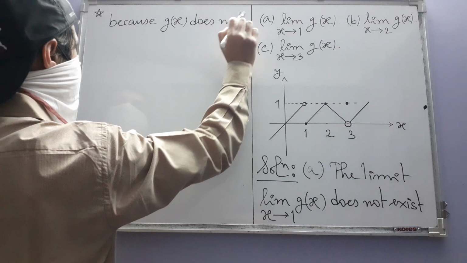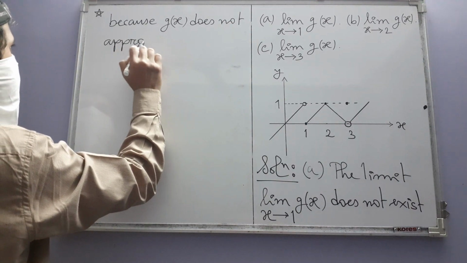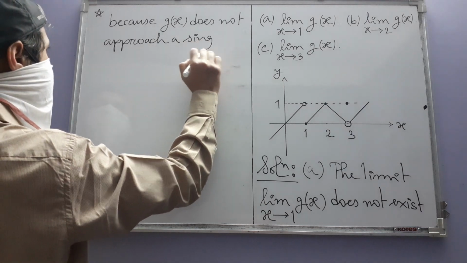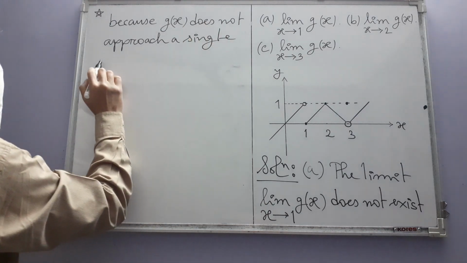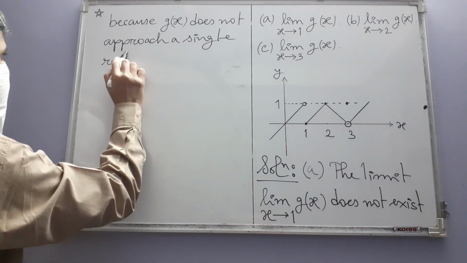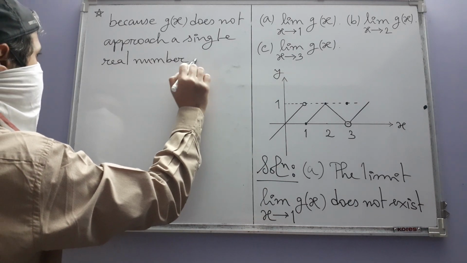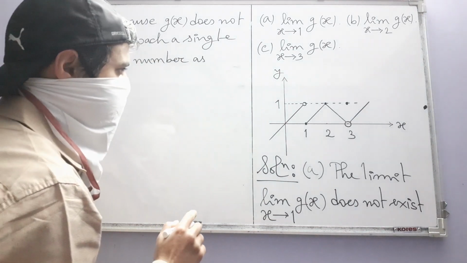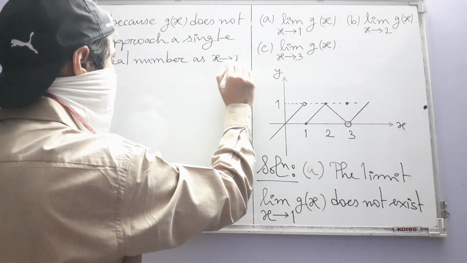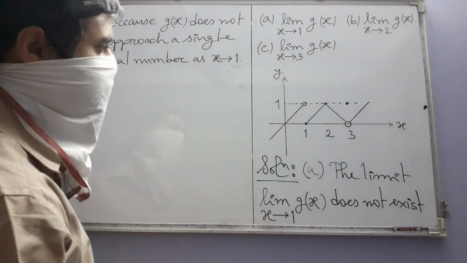Does not approach a single value, means you can write a single real number as x approaches 1, which you can also write in symbols like this. Okay, so the first limit does not exist.